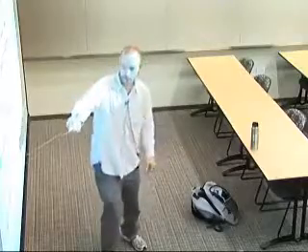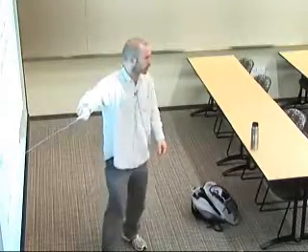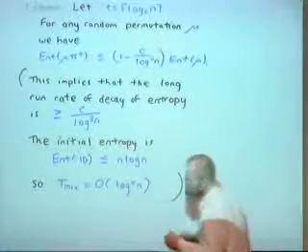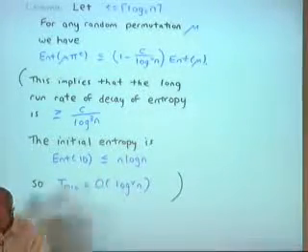So how long does it take to bring the entropy down to something small? It's going to be on the order of log to the fourth n steps. Okay, so let me now prove this claim about the decay of entropy.